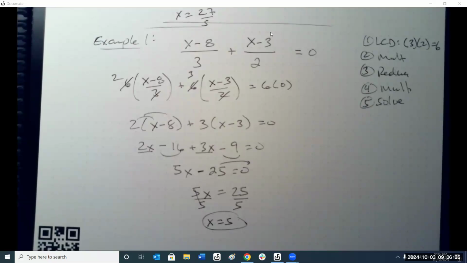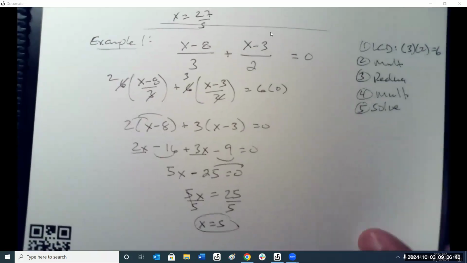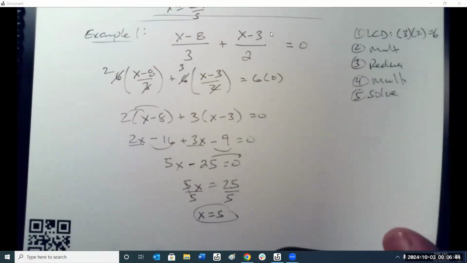All right, so let's look at another example, because it doesn't always have to be equal to 0. It can be equal to anything.